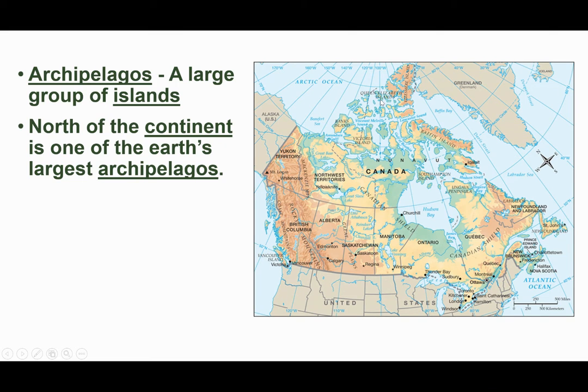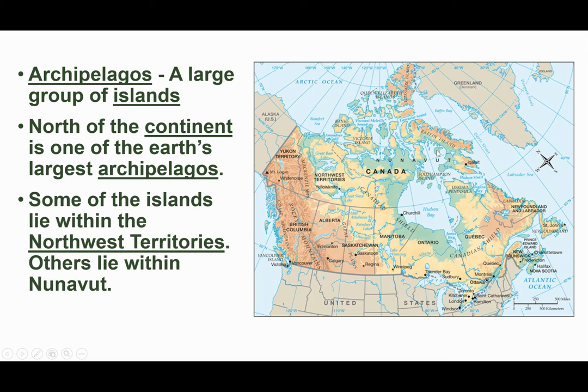North of the continent is one of the Earth's largest archipelagos. Obviously, a lot of people don't live on them, but nevertheless, it is one of the world's largest archipelagos. Some of the islands lie within the Northwest Territories, others lie within Nunavut.